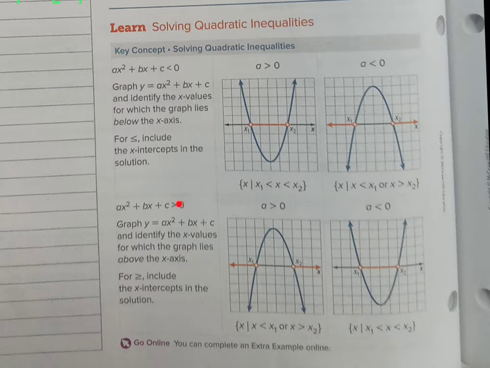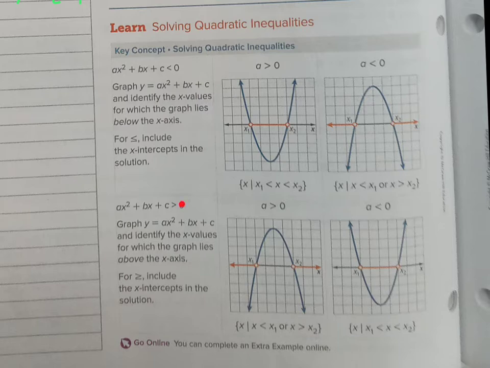And then they say, what happens when it's greater than 0? And then over here they talk about if the whole quadratic function is less than 0 and a is positive, we have this situation where we have an 'and' statement and it's in between. And then they say, if it's less than 0 and a happens to be negative, which would make it open down, then we're talking about things that are on the outside.